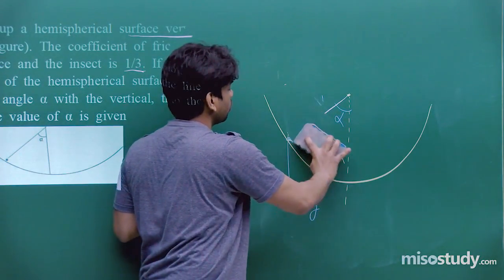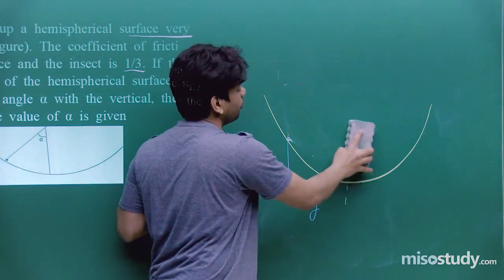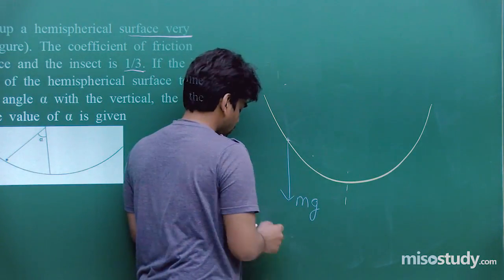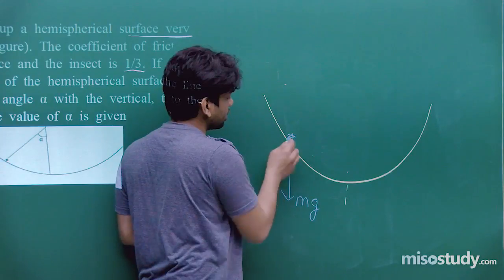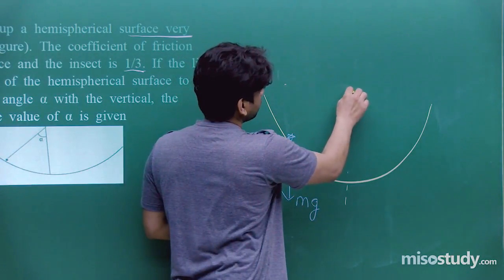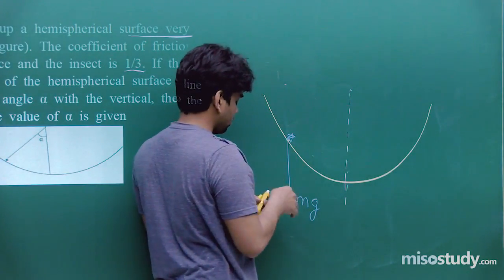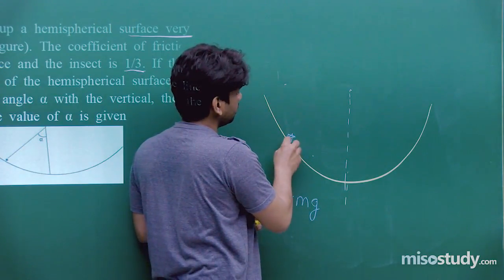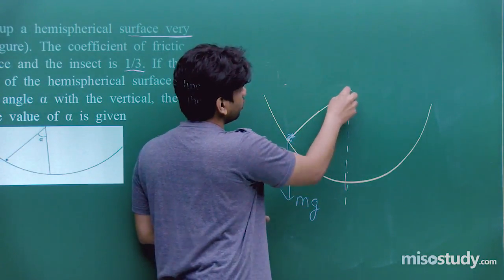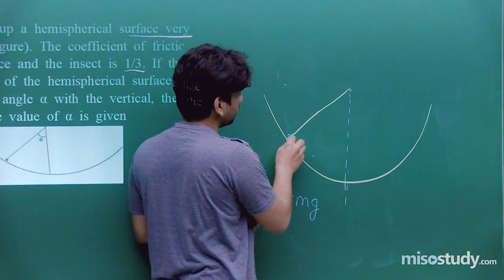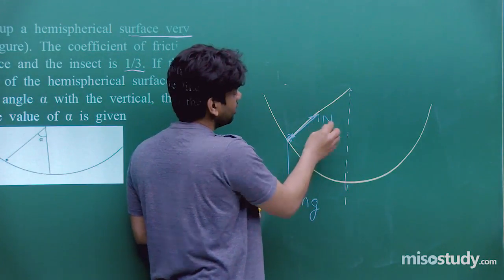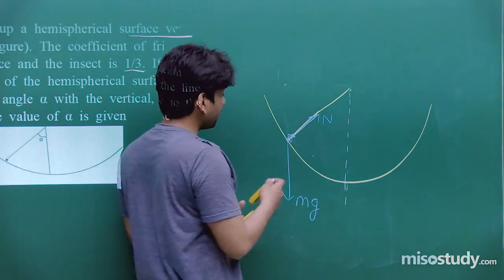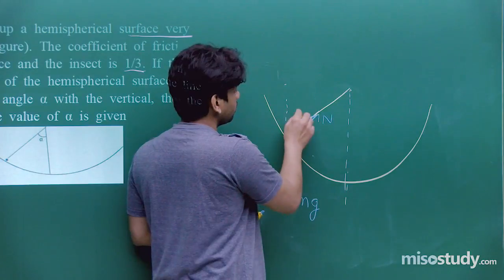So let me show you exactly how the forces should be resolved for this problem. Again, this was the insect. This was the center. We have joined this line, and this is the line joining the center. This is the normal reaction that is acting. So you have to resolve mg. Don't resolve normal.